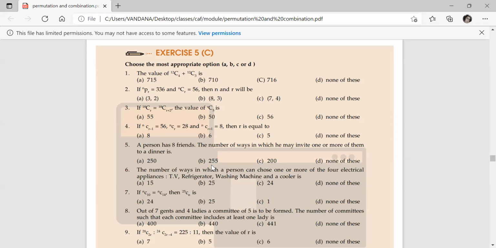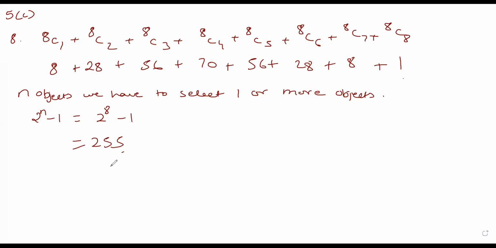Question 6 sum. The number of ways in which a person can choose one or more of 4 electrical appliances: TV, refrigerator, washing machine, and a cooler. There are 4 electrical appliances. We want to select one or more.